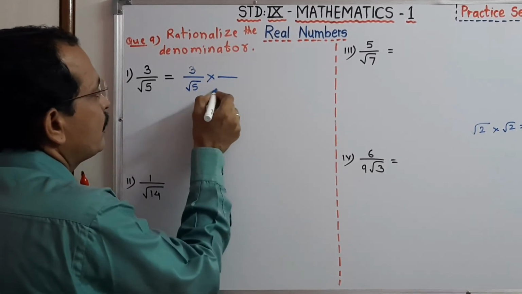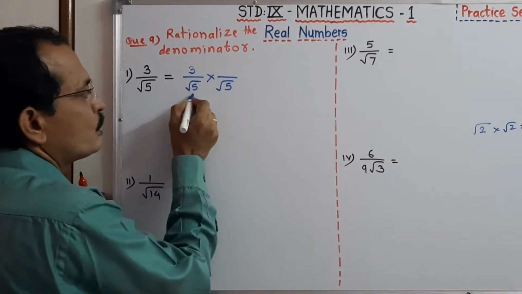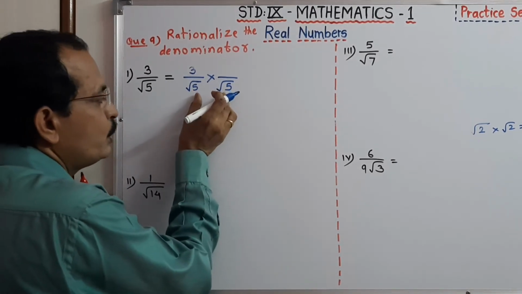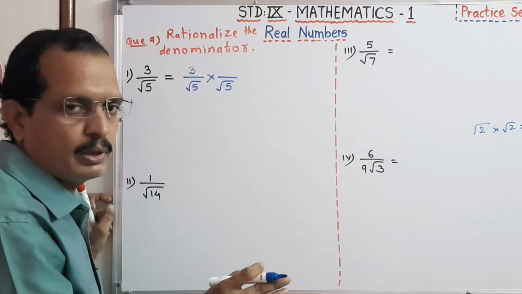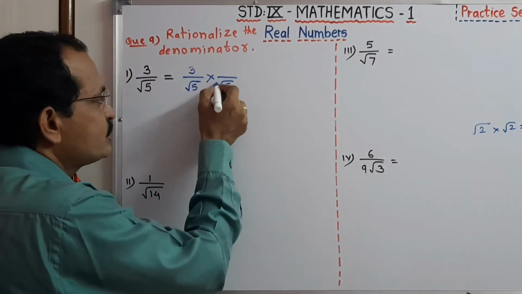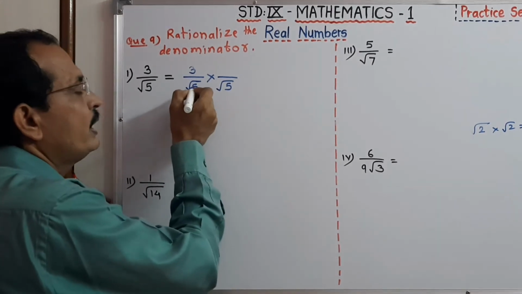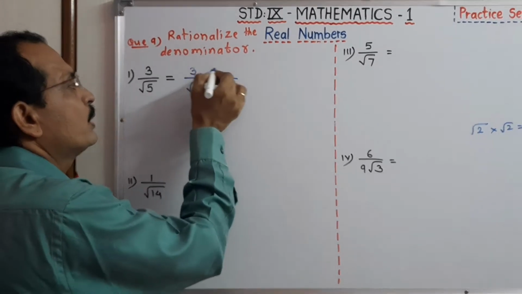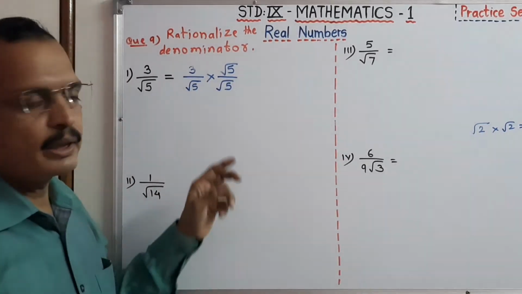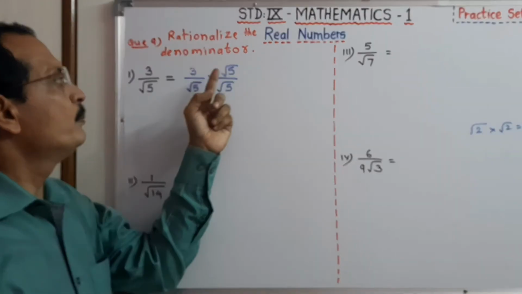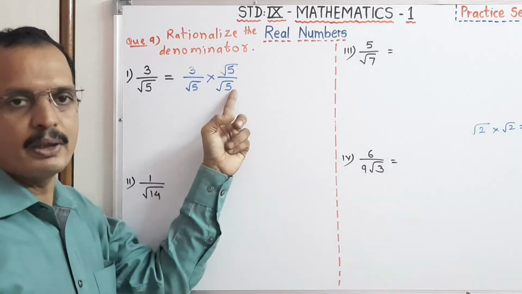Here, if I multiply this root 5 with this root 5, then root 5 into root 5, we will get 5 and that will be the rational number. But as we multiply this root 5 in the denominator, in the same way we must also multiply the numerator. Therefore, we multiply 3 upon root 5 by root 5 divided by root 5.